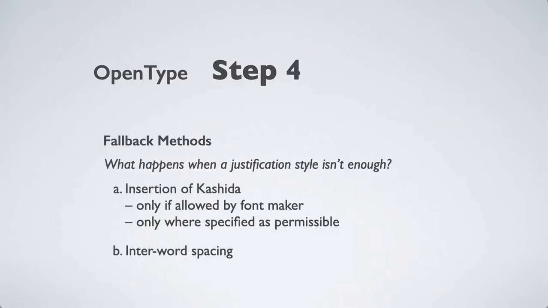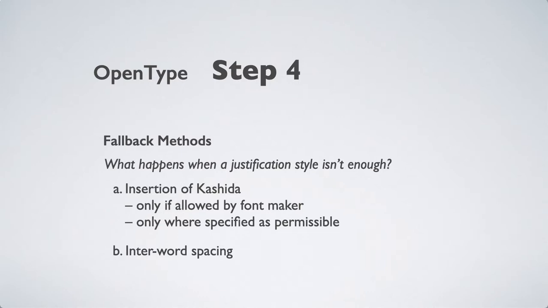You might be wondering, so what would happen if we apply a style and it doesn't fully justify a line? Well, in those cases, which I think will be quite unusual, we need to provide some fallback methods. The 2 methods that I can think of are the insertion of kashidas, and the second would be interword spacing.